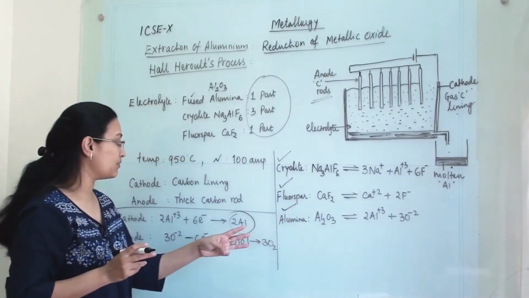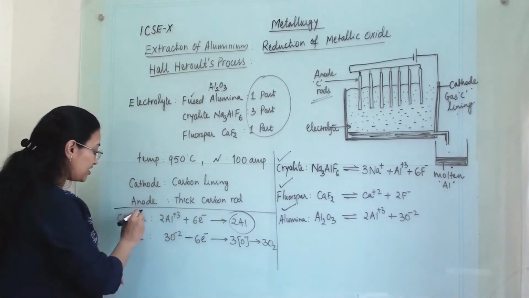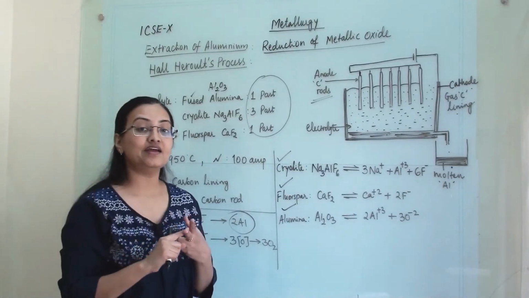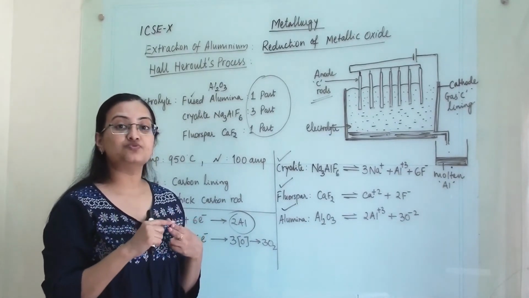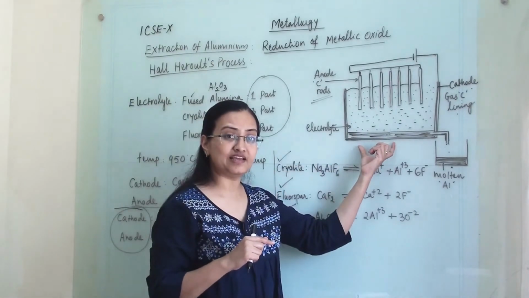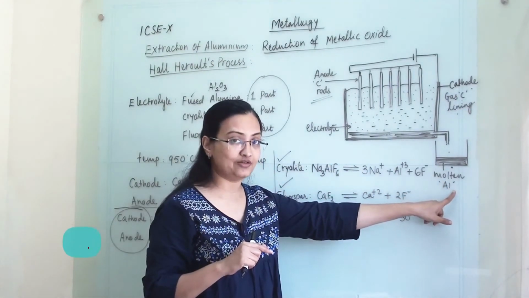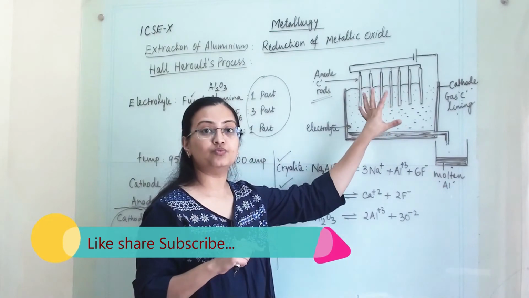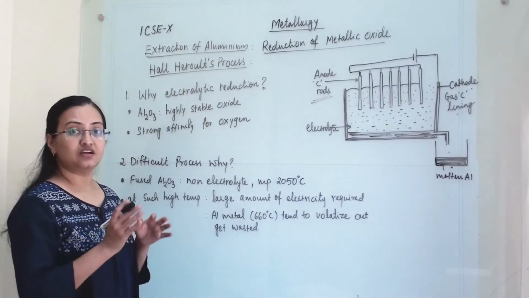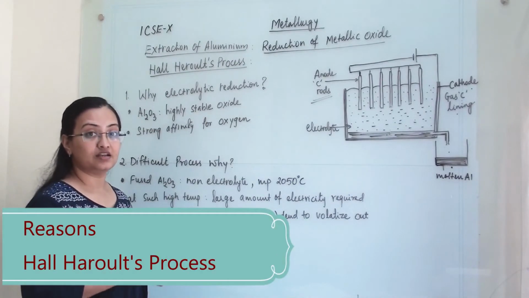So these three equations and two more equations, that is, what process will happen at the cathode and at the anode, and what products we get at the cathode and at the anode. At the cathode we get our product, that is molten aluminum, and at the anode we get a gaseous product, that is oxygen. Earlier we have seen the complete process, that is Heroult's process.